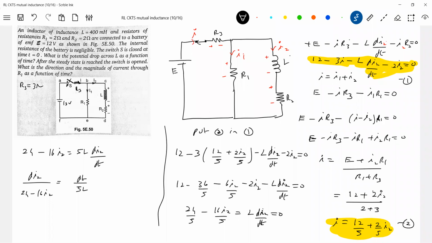Am I right? 0.4 into 5 will be 2. So now we'll integrate this, 0 to t, 0 to I2. Minus 1 by 16 log of 24 minus 16 I2, 0 to I2, equals t by 2.